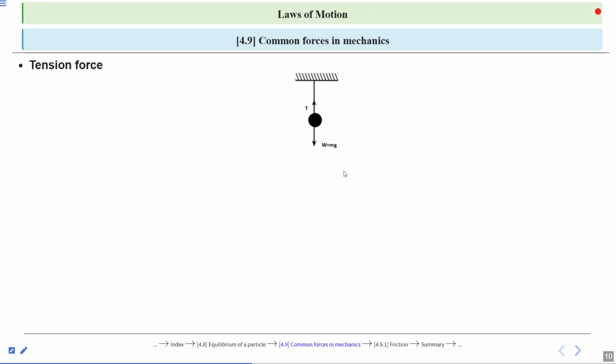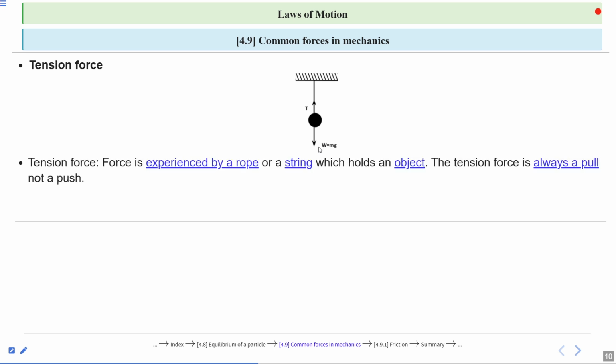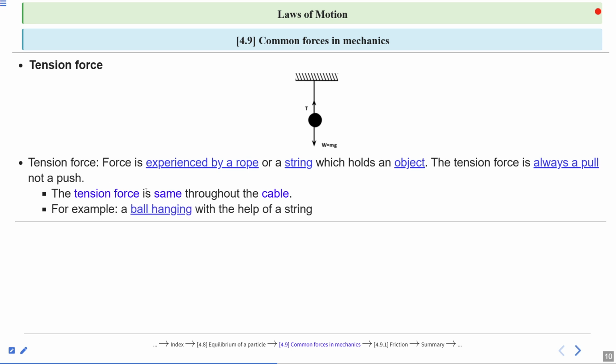Next force is tension force. Tension force is the force experienced by a rope or a string which holds an object. The tension force is always a pull, not a push. The tension force is the same throughout the cable. For example, a ball hanging with the help of a string. Look at here.